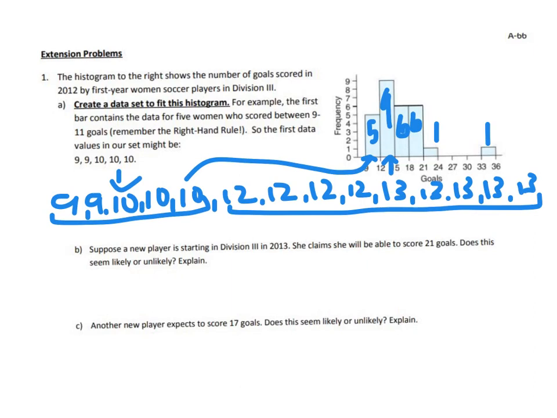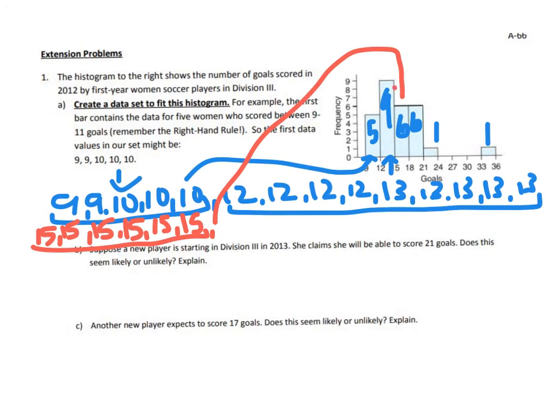And then I need 6 of them that are in the 15 to 17 range. So I could have 15. Now I could make these all 1, 2, 3, 4, 5, 6 if I want. I could have them all the same if I want.